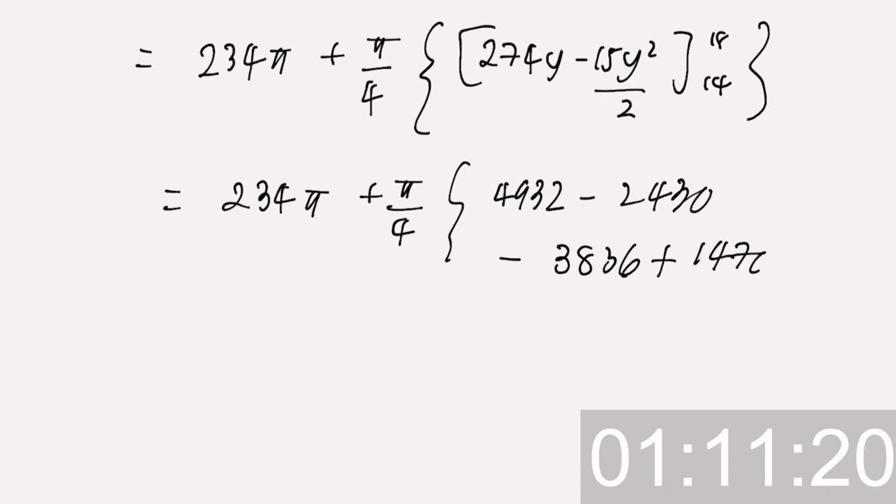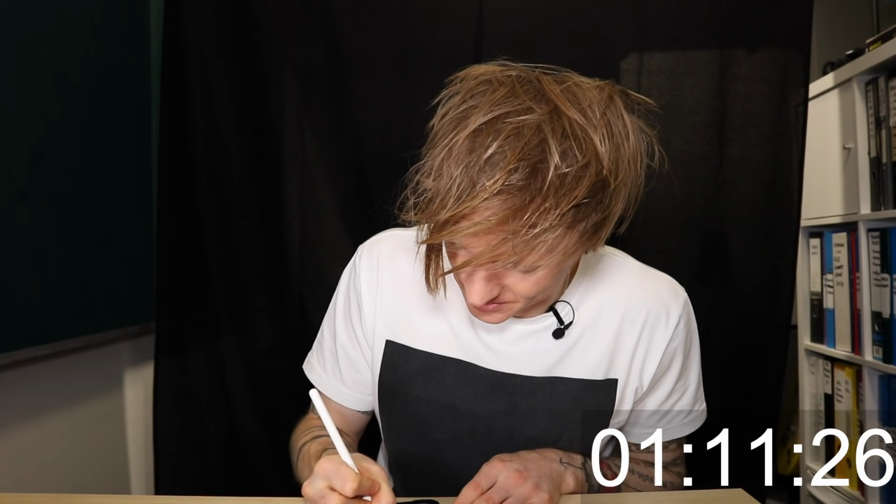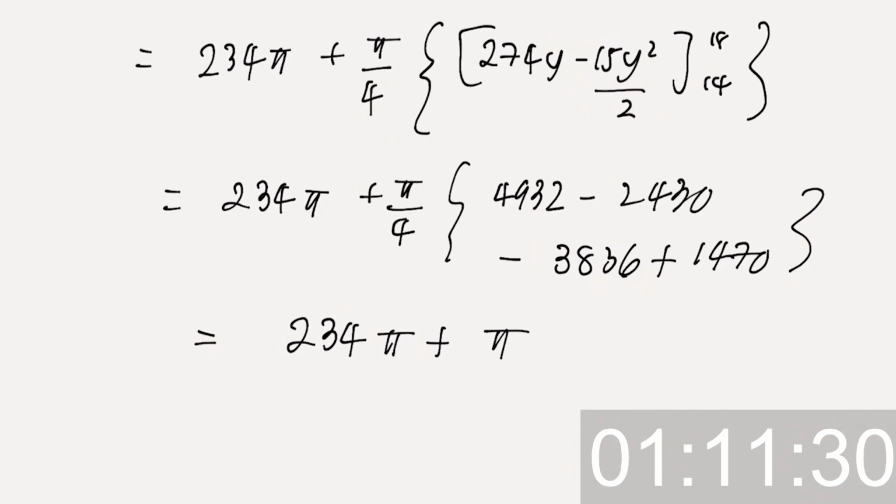Okay, I hope this is right, because these are horrible numbers again. Exhausting. 234 pi plus pi over 4. Right, put all these numbers together: 4932 minus 2430 minus 3836 plus 1470 equals 136.